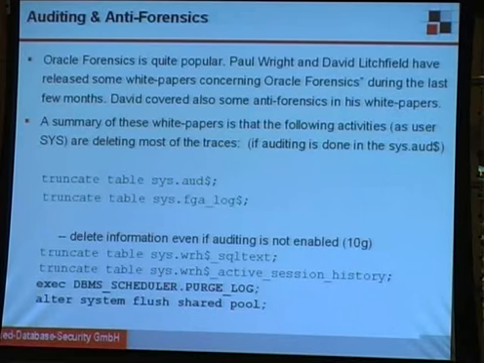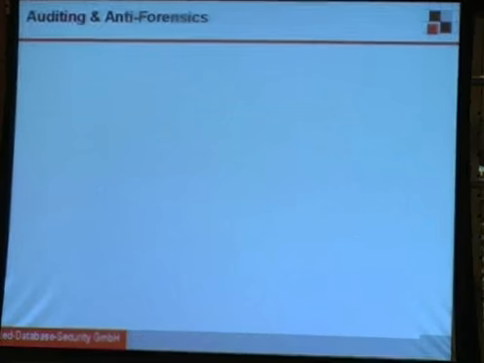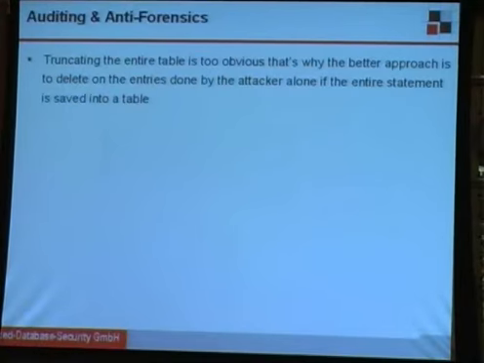The problem is, if you wipe out the entire log file, this is obvious, because many DBAs detect that this information is gone. So it's a better approach as an attacker to delete only your own traces from the audit log.